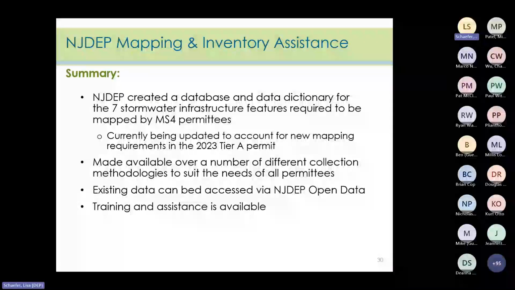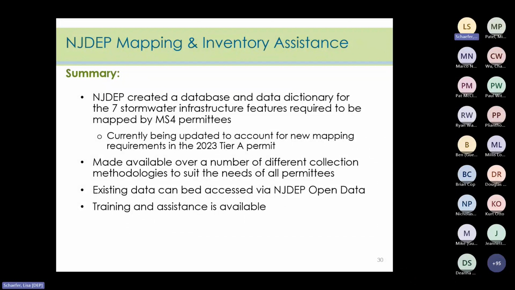Existing data can be accessed via the NJDEP Open Data. And last, the department is willing to provide assistance in the form of training or by answering any questions that you may have. Again, please reach out to your case manager if you need any assistance along the way.